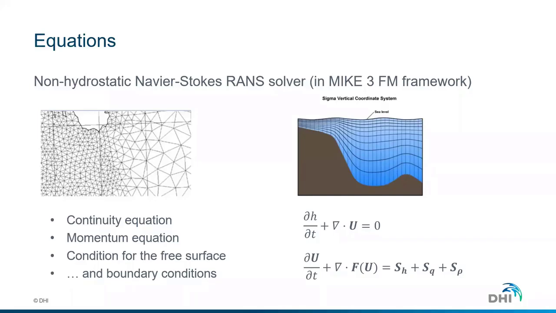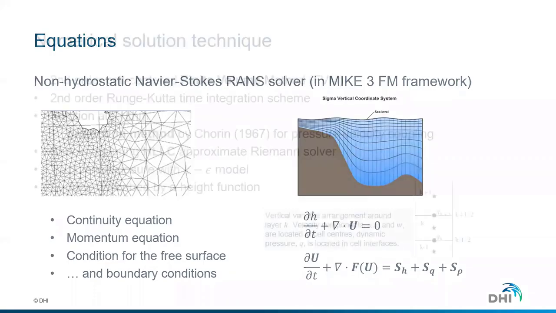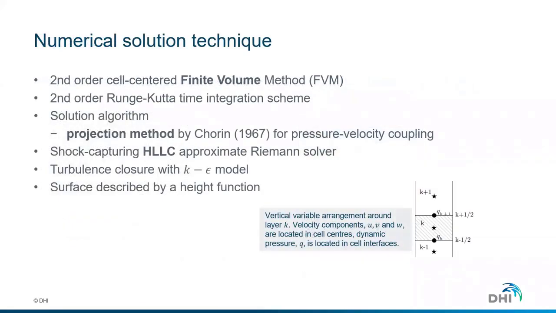We have implemented this with the k-epsilon turbulence closure, and we are solving the equations using the finite volume method on a cell-centered scheme, where we are using the projection method developed by Chorin for solving this pressure-velocity coupling arising from the incompressibility assumption.